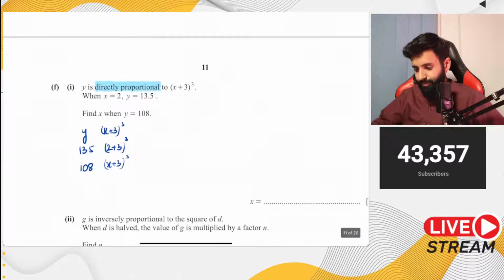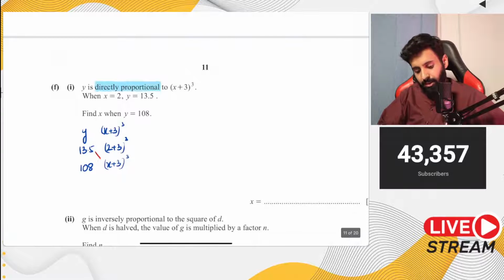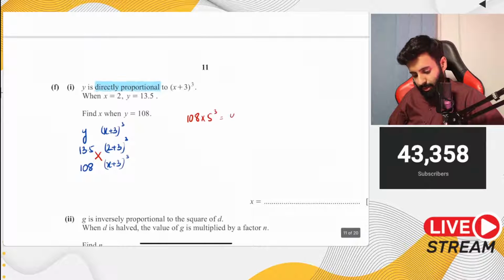Now how do we do that? Since they're directly proportional, we'll cross multiply. So that means 108 into 5 cubed equals 13.5 into x plus 3 the whole thing cubed.